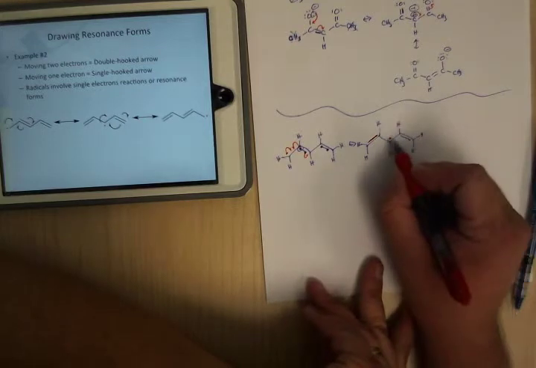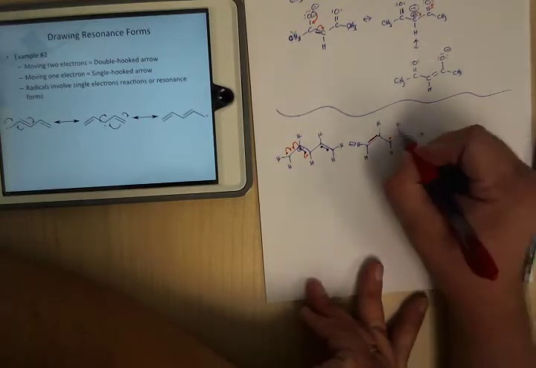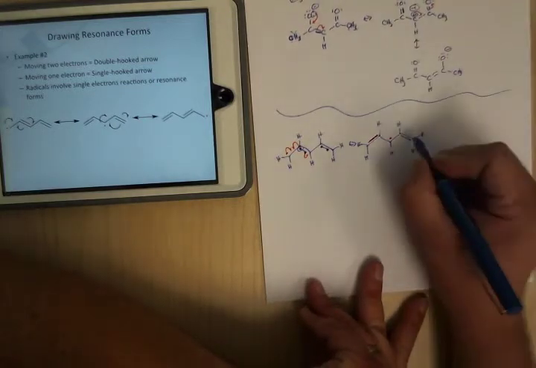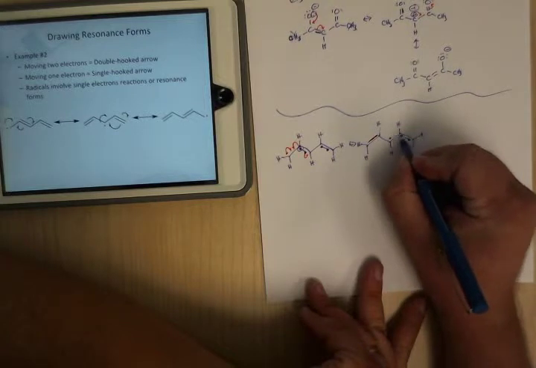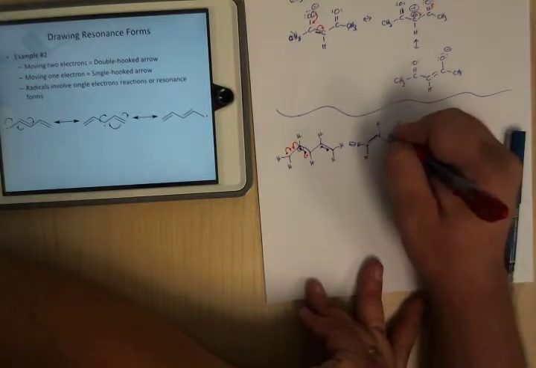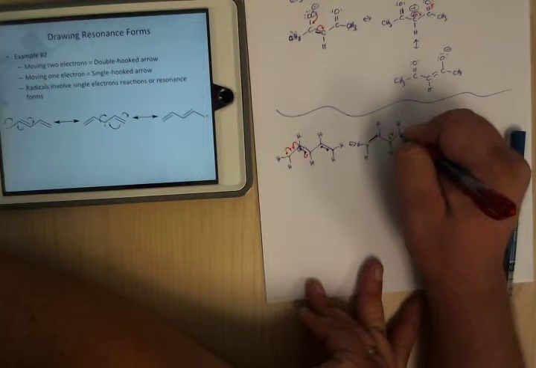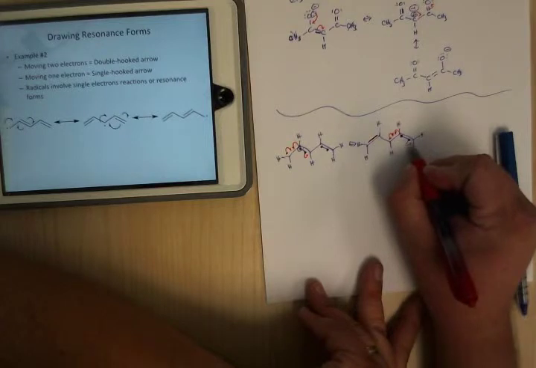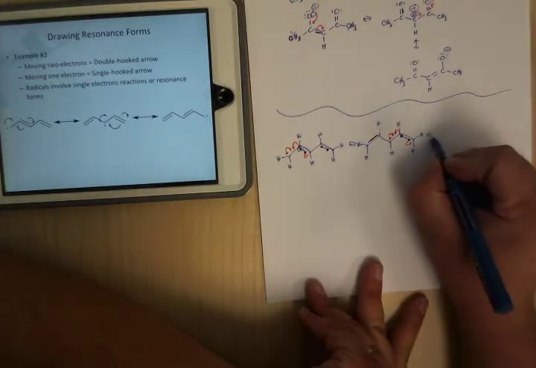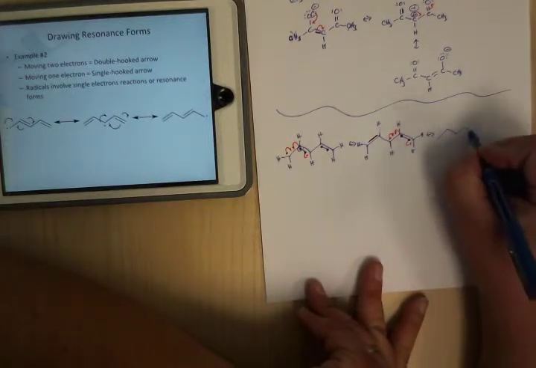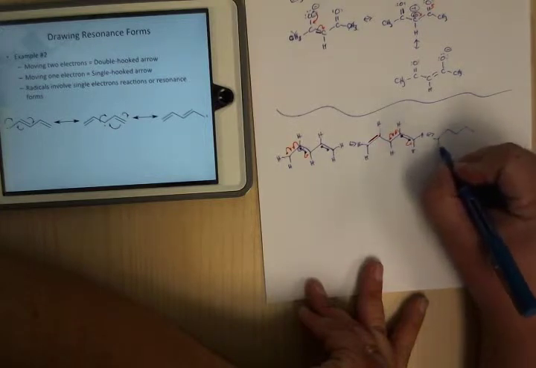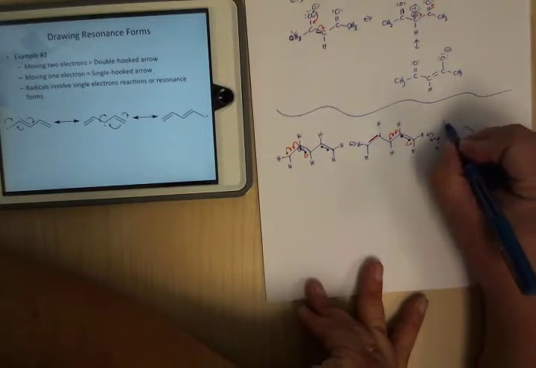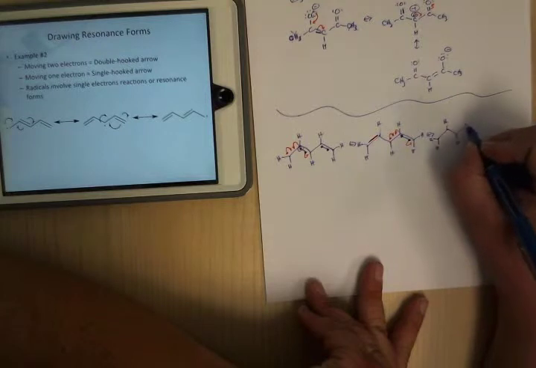Now the other option, these 2 carbons can participate, so you can take one of these electrons. It only needs 1 of them. So now if we take our lone electron, move it there, to make this one and this one, we can make a new bond here. So where does this go? This goes right there. So we can make this. And so it doesn't really matter if it's 1 electron or 2.